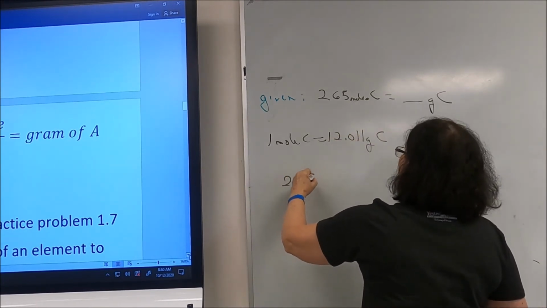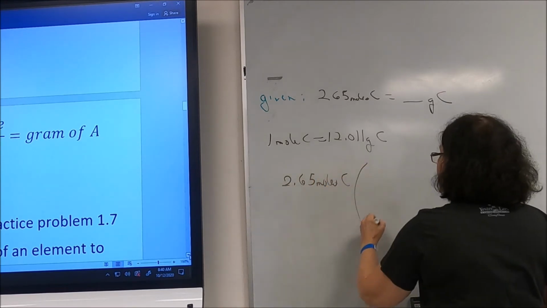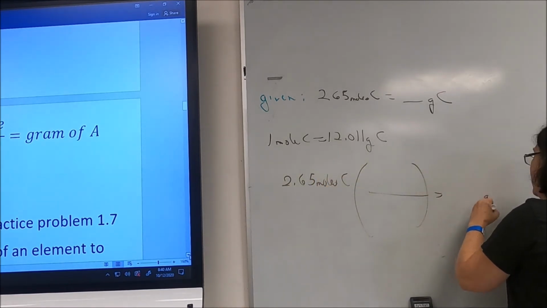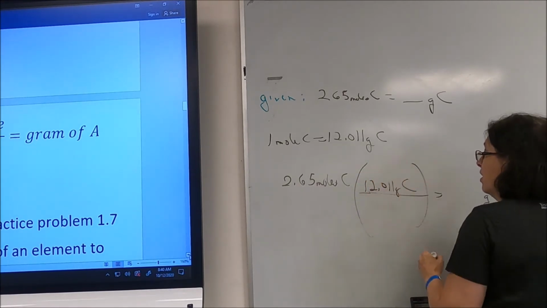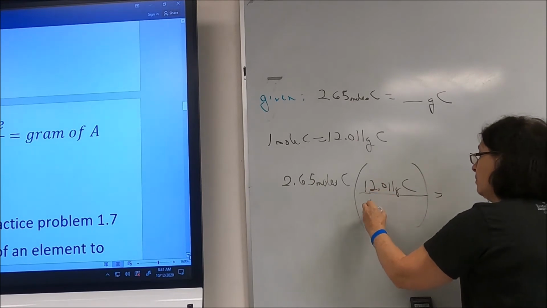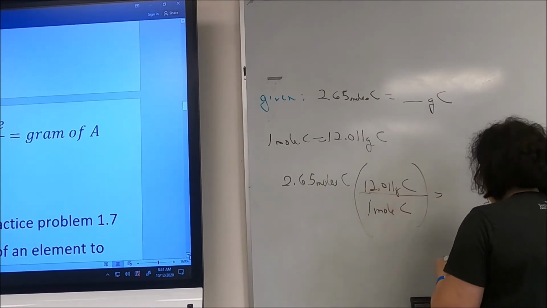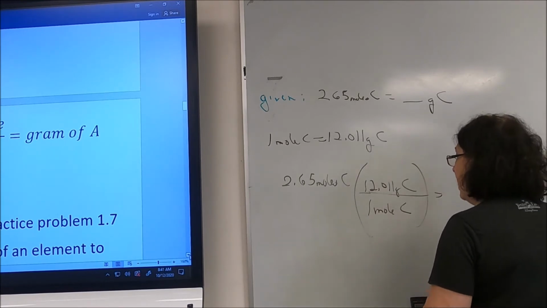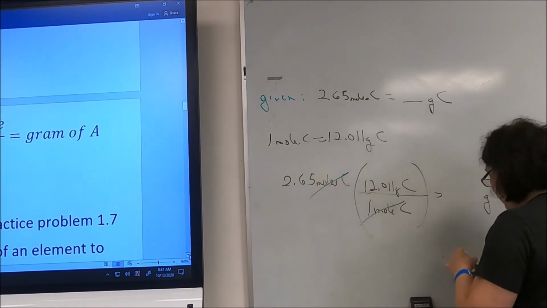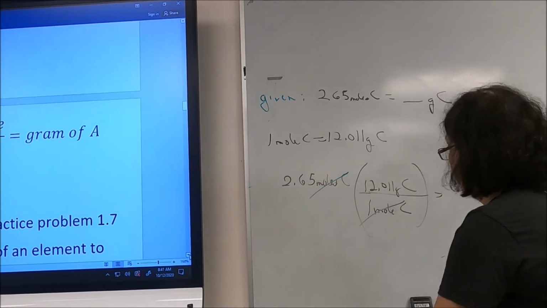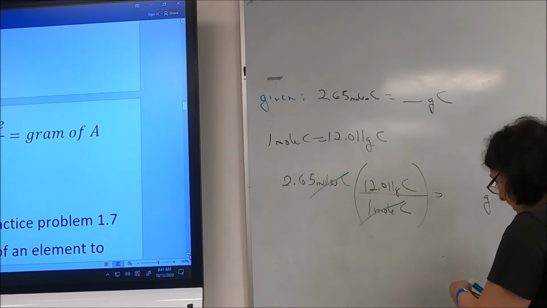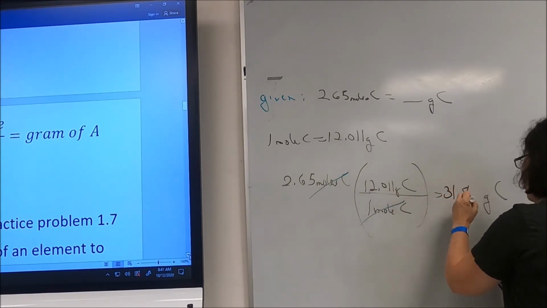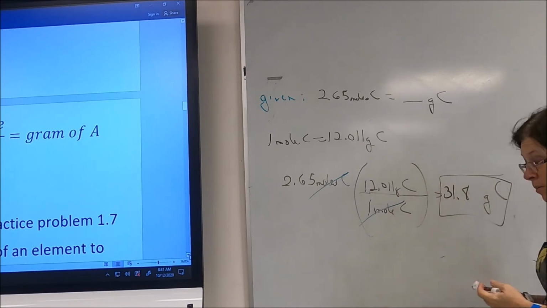So 2.65 moles of carbon want to end up in grams of carbon. So this time the grams is going to go on top. So 12.011 grams of carbon, 1 mole of carbon. So notice that moles of carbon divide out, and I'm going to take 2.65 times 12.011, and I get 31.8 grams of carbon.